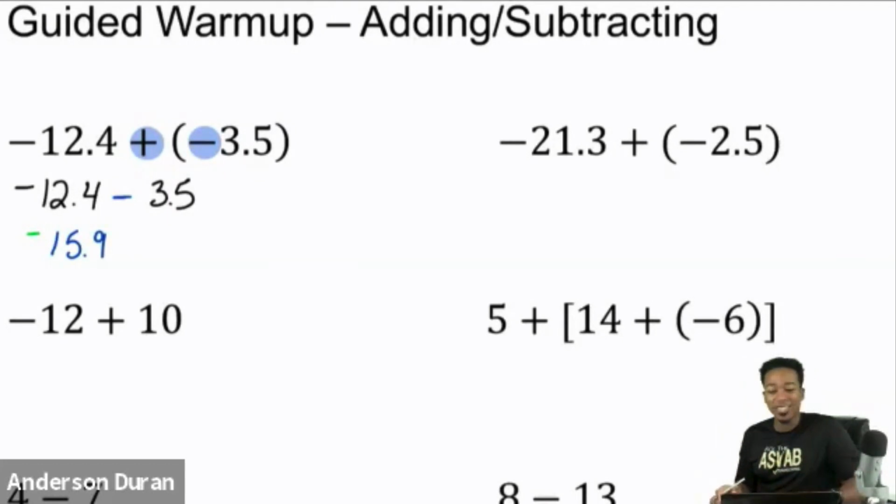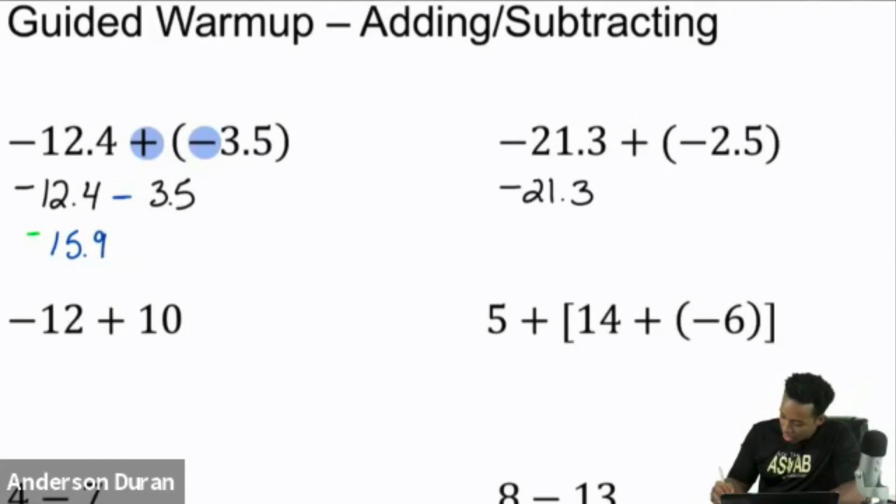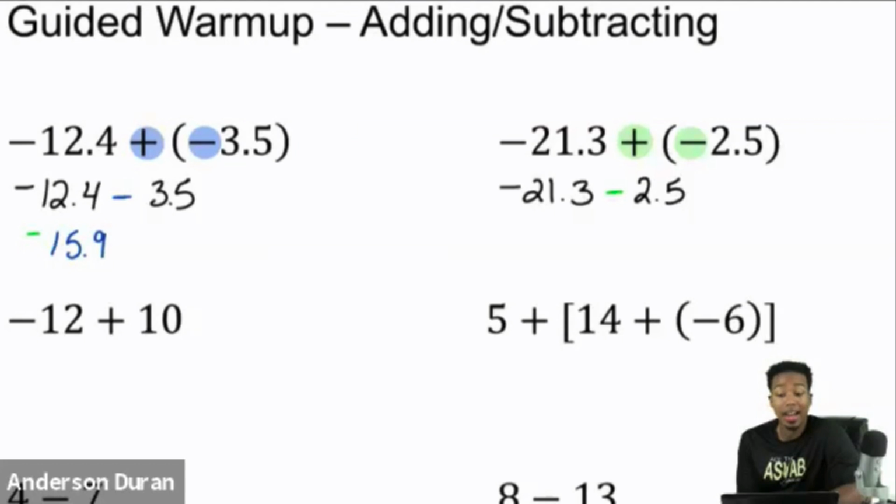So yeah, negative 21.3. And remember, adding a negative is literally the same thing as subtracting 2.5. And so if I'm taking a look at this, well, I'm already negative, going more negative. I will what? What's the A word again? Hit me. I know it's going to sound annoying, but we are going to get this down by the end of class.